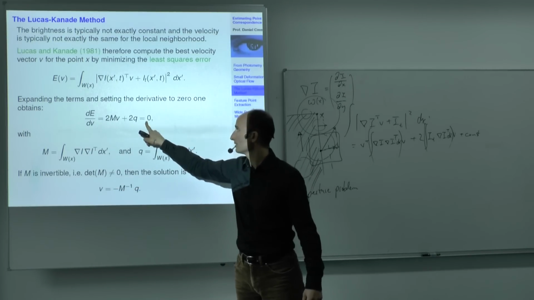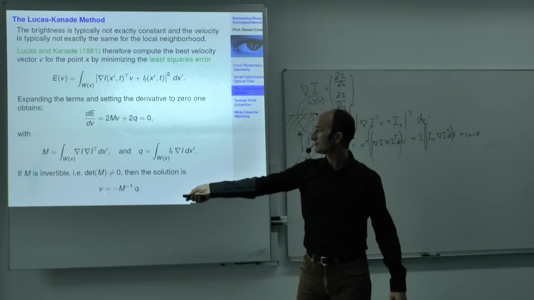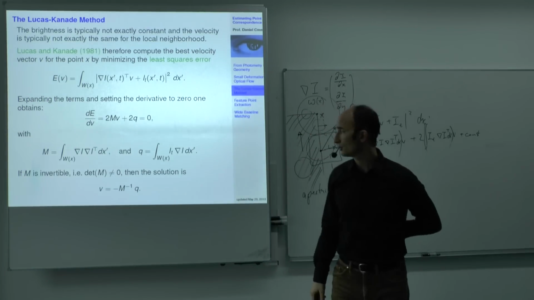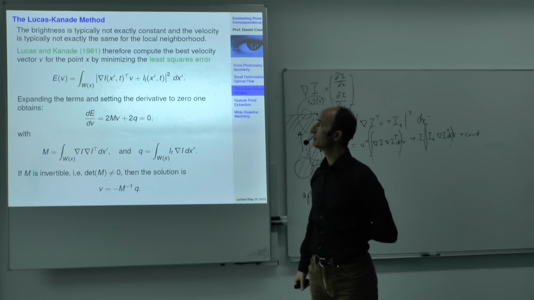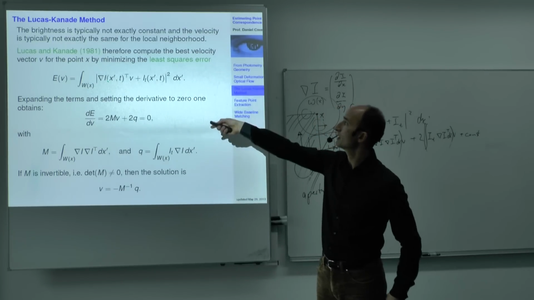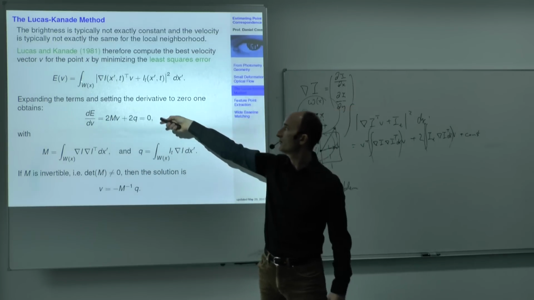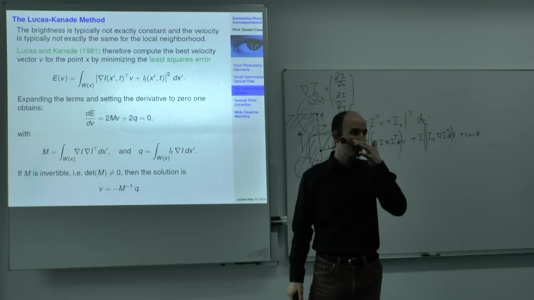And I just pull this on the other side, and I get V is minus M to the minus 1 times q. So I have a solution to the optical flow problem, which I got by assuming that the optical flow constraint was as small as possible for all points in the window.